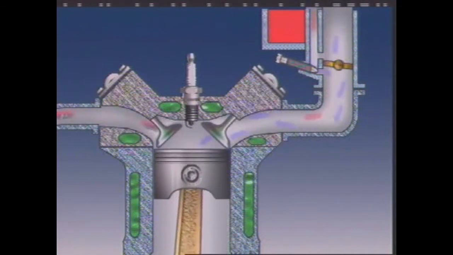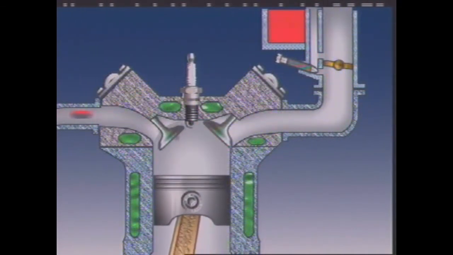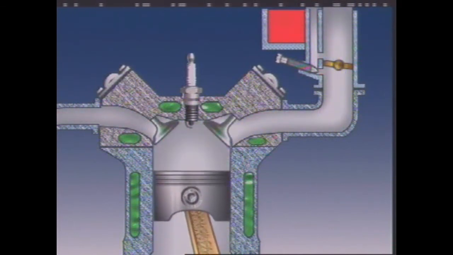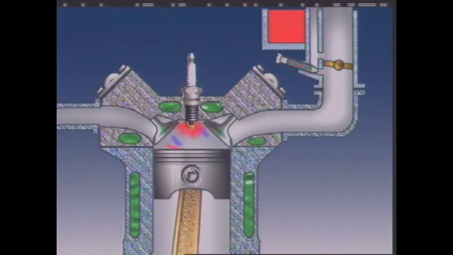All of these factors enrich the mixture entering the engine. There is only a relatively small quantity of mixture in the combustion chamber at this point, so turbulence tends to be poor. This can lead to incomplete combustion and the release of unburned gases into the exhaust.